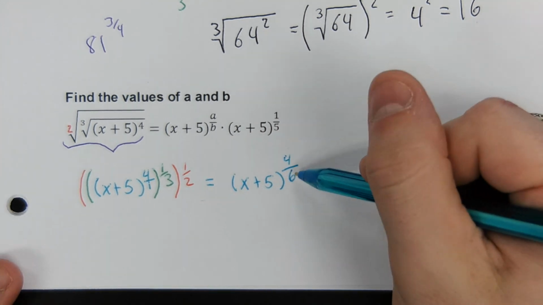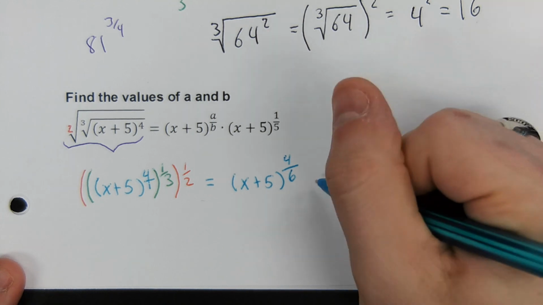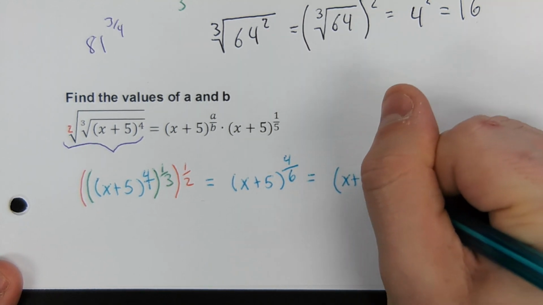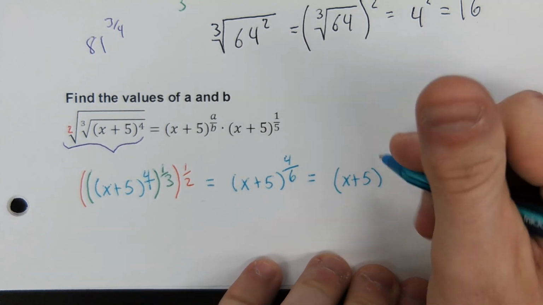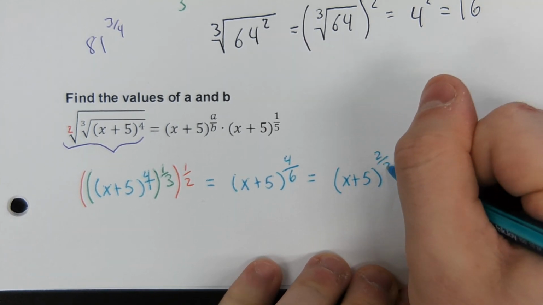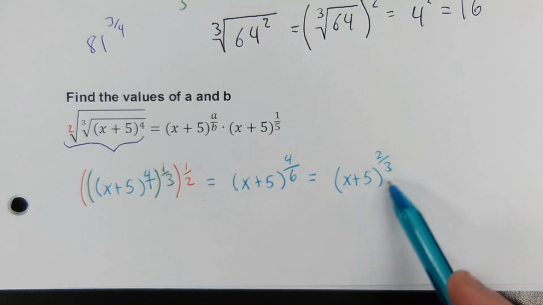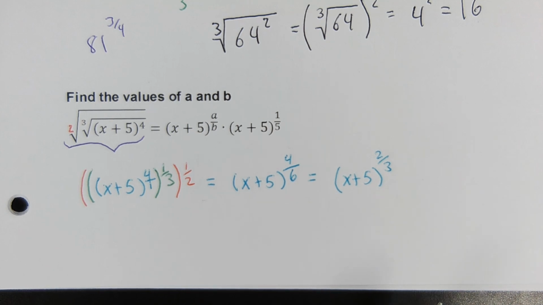And this 4 over 6 reduces. I can cut them both in half and get a 2/3. That's what the left side actually says. The left side actually says x plus 5 to the 2/3. That's all it says. So much simpler, isn't it, written like this? That's the whole left side.